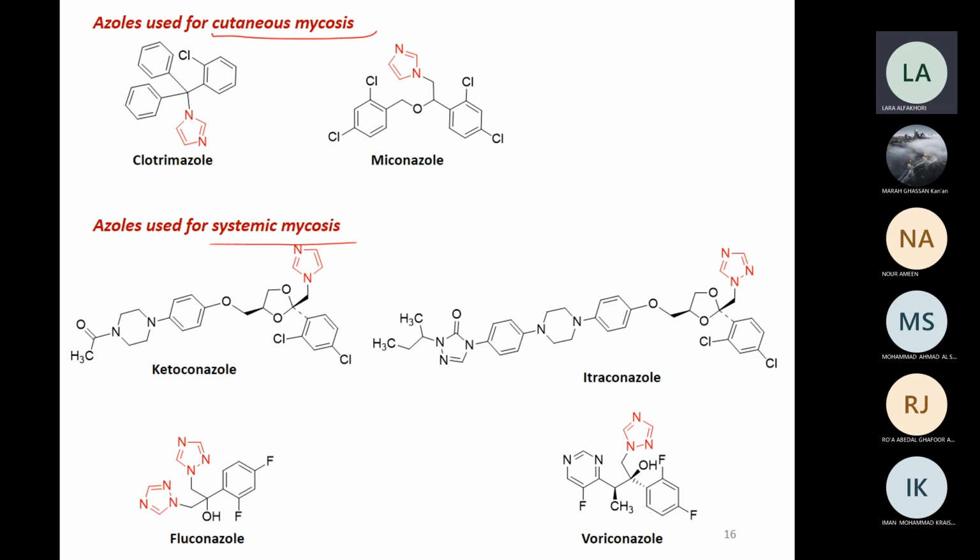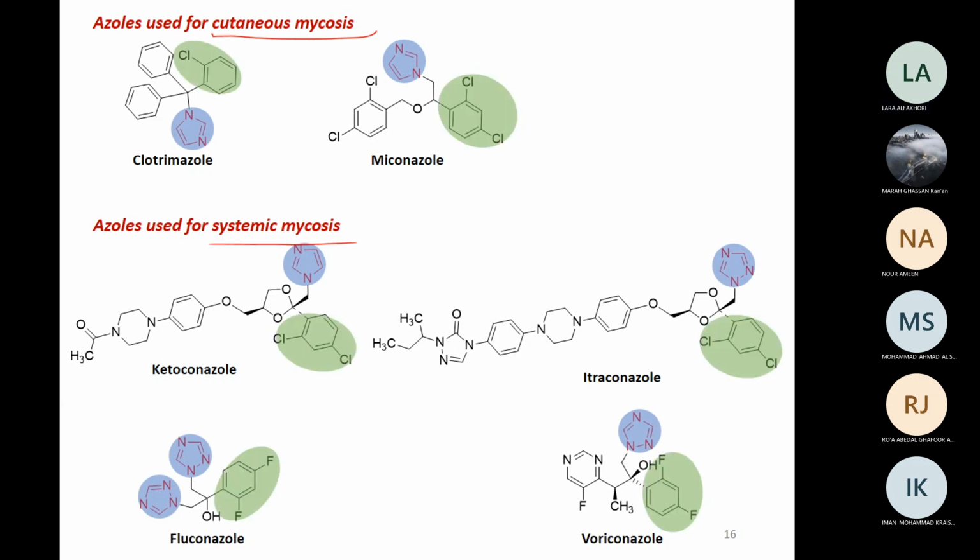As you can see, all of them have that pharmacophoric azole ring, either an imidazole or a triazole ring that is very important for binding to the heme in the 14-alpha demethylase. Also, all of them have an aromatic ring that is halogenated. Either one halogen as part of their structure or two halogens, which could be chlorines or fluorines.